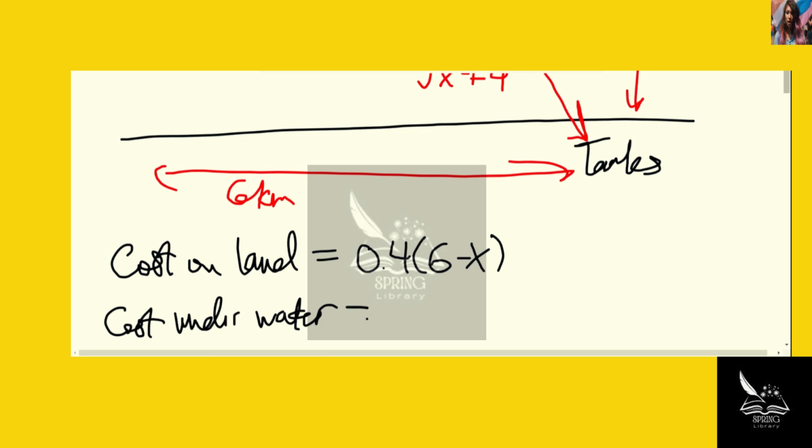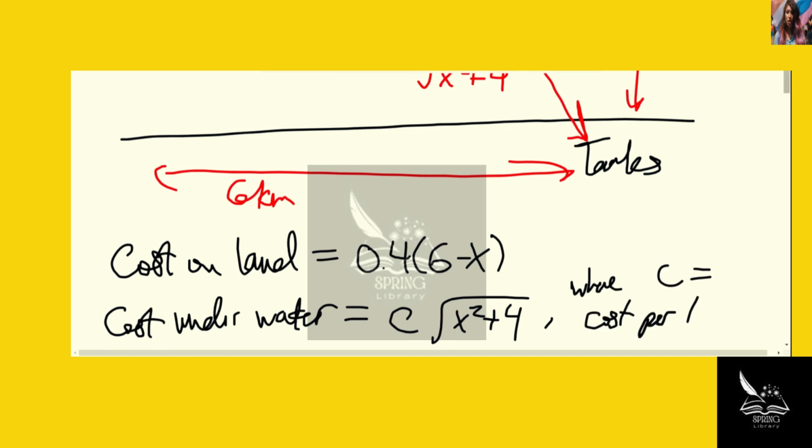It's going to be some parameter, I'll call it c, times the square root of x squared plus 4. Where c is going to be the cost per kilometer.